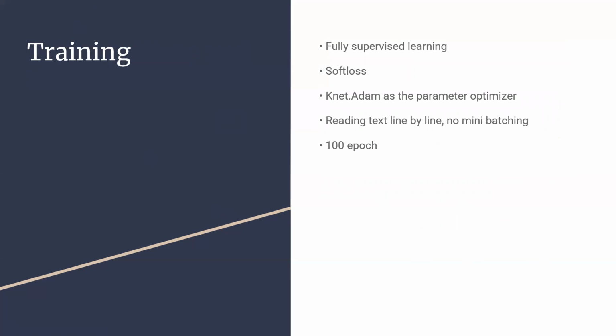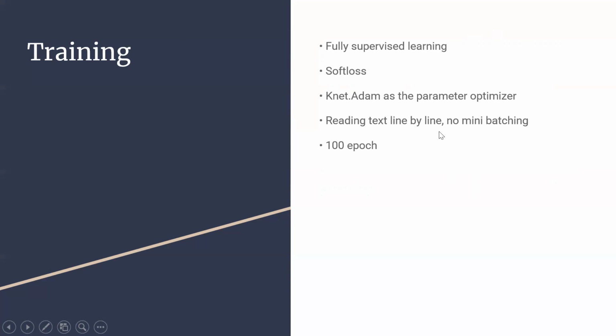Now look at what training we did. These were the basic criteria that we used. Fully supervised learning was used. Softmax loss was taken care of, and knet.adam was used as the parameter optimizer. We read text line by line, and no mini batching was done.